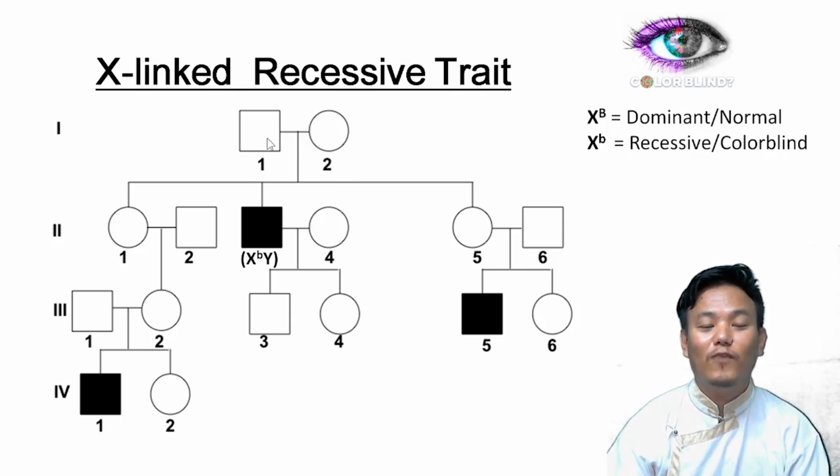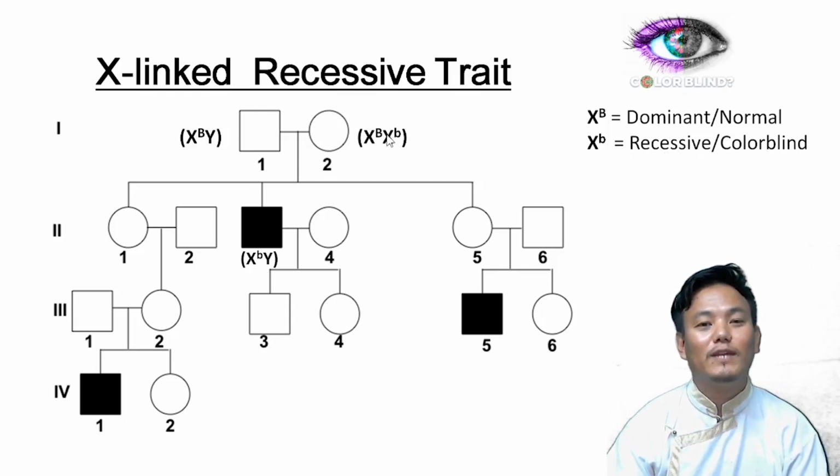Since this father has normal vision, he will be X with the dominant allele and Y. So this son got Y from his father. And this particular mother, even though she is not colorblind, is carrying the recessive allele for color blindness on one of her X chromosomes.